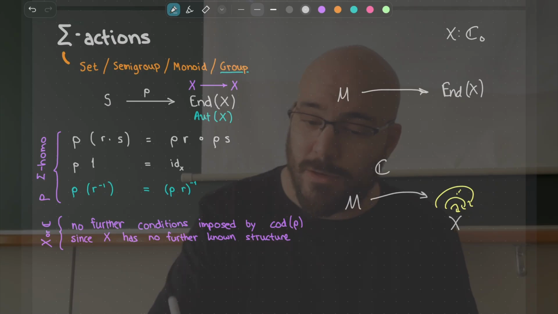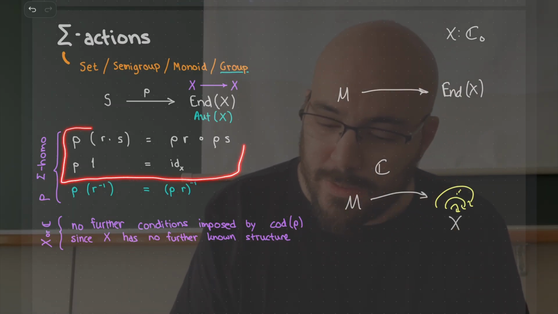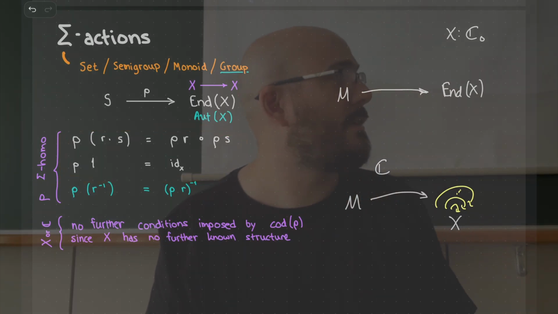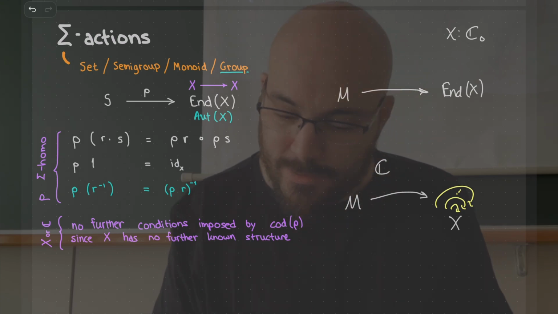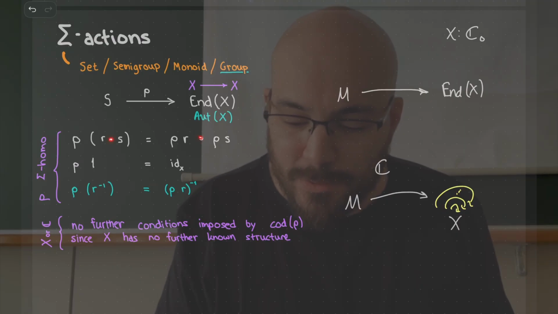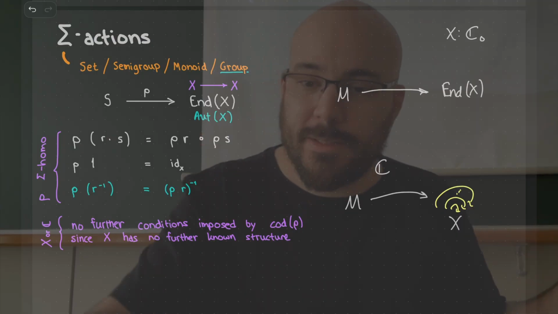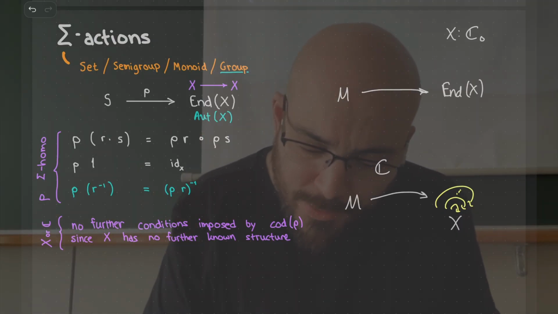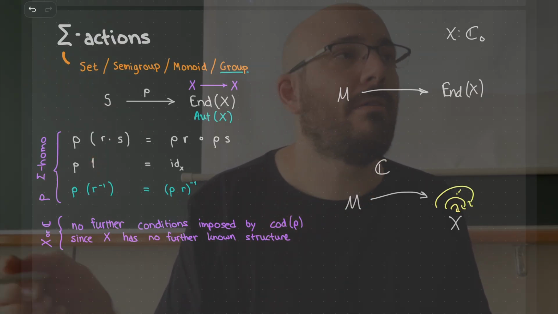If you write down the laws of what this thing needs to satisfy, it's those things. So your arrow is the row arrow, and the idea is that it has to respect compositions, which I wrote like that. It maps the operation of the monoid to the operation of the yellow monoid, which is composition of arrows, and it has to map the identity of the monoid to the identity arrow of this X.